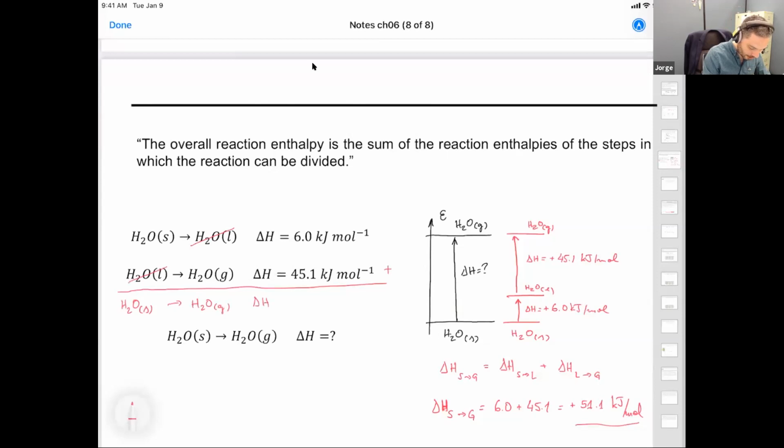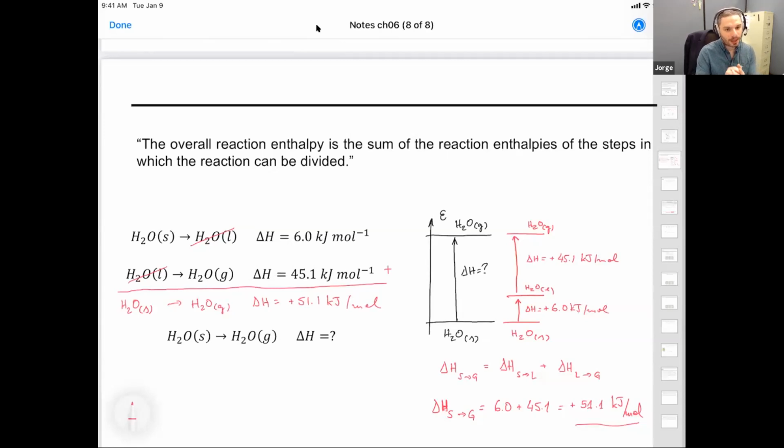And as you saw, the delta H is just going to be a sum of the individual delta H's. So therefore, 51.1 kilojoules per mole.